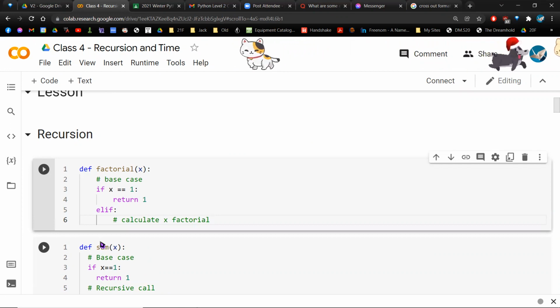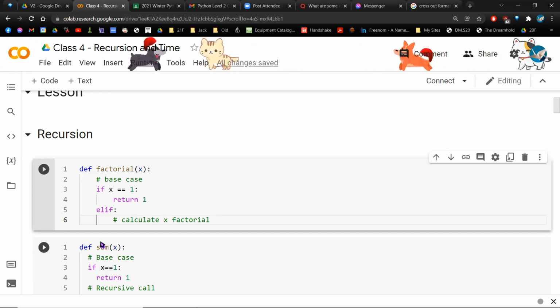X could be 5, it could be 10, it could be 20, it could be 100. We can assume that people are only going to ask factorial of valid inputs. So we can pretend that no one's going to put in a negative number, no one's going to put in a decimal value. We're always going to get nice inputs in this case.